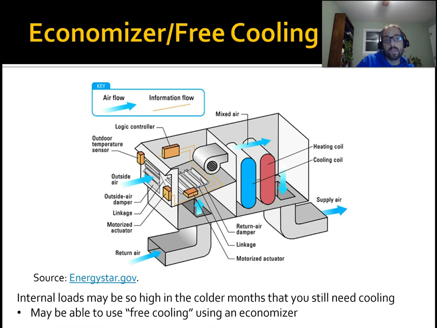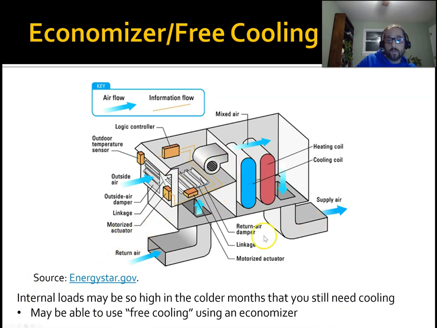So think about it, if it's cold outside and I need to cool the inside, it's a lot easier just to run a fan and bring in cold outside air than to cool down the air actively, right?